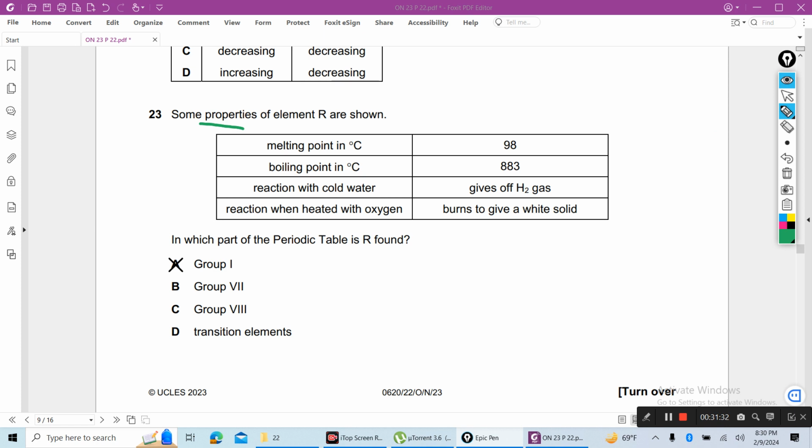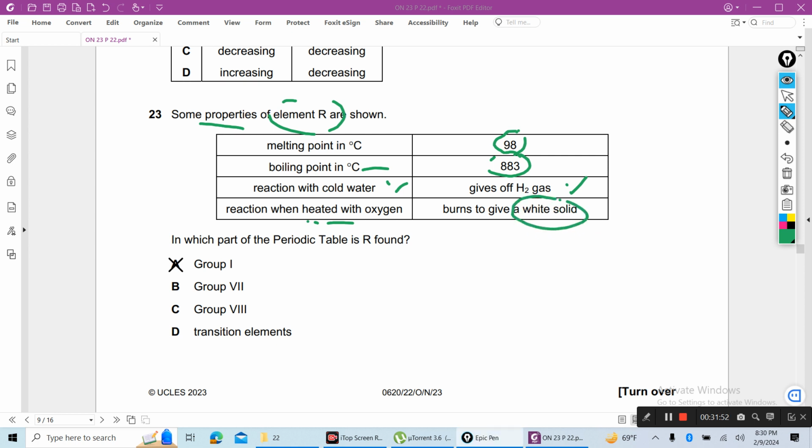Now some properties of element R are given: melting point 98 low, boiling point 883. Reaction with cold water gives hydrogen gas, and when heated with oxygen it burns to give a white solid.